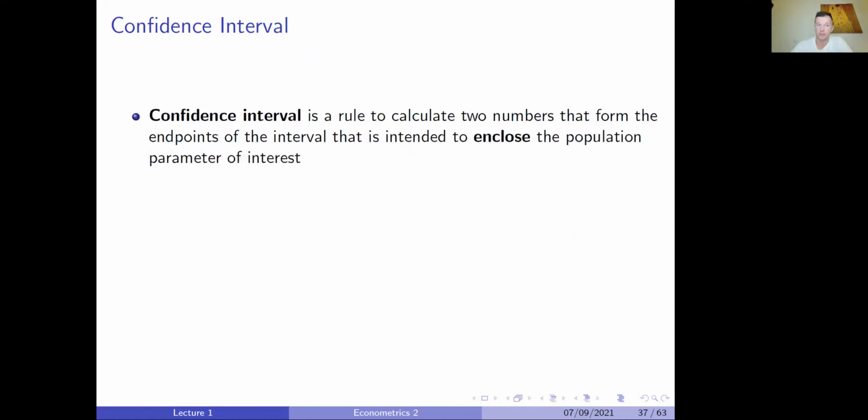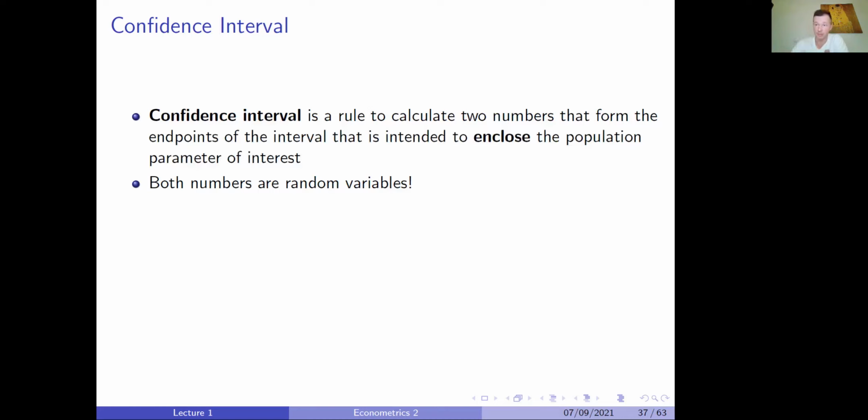And the next object of hypothesis testing that leads you to the same conclusion is the confidence interval. So the confidence interval is a rule to calculate two numbers that form the endpoints of the interval that is intended to enclose the population parameter of interest. Both boundaries of this interval are random variables.